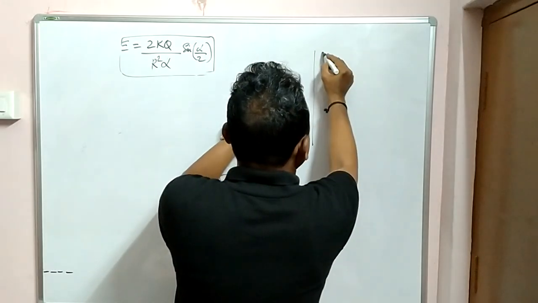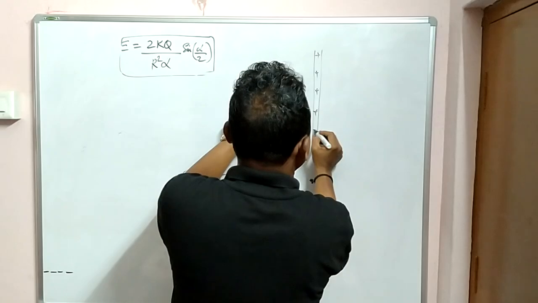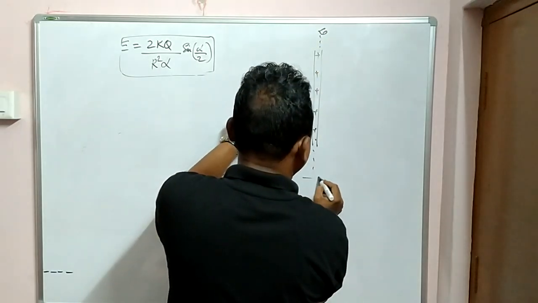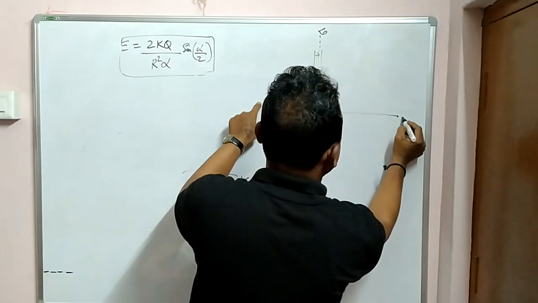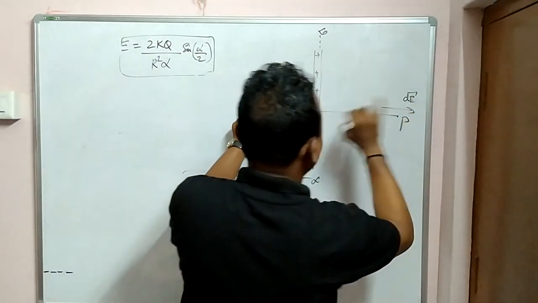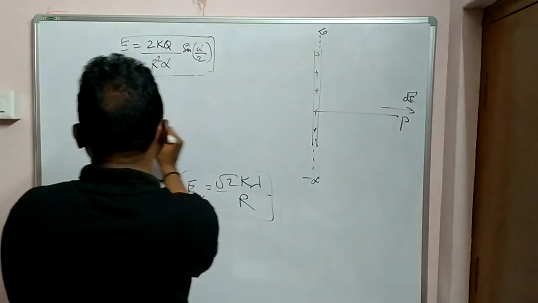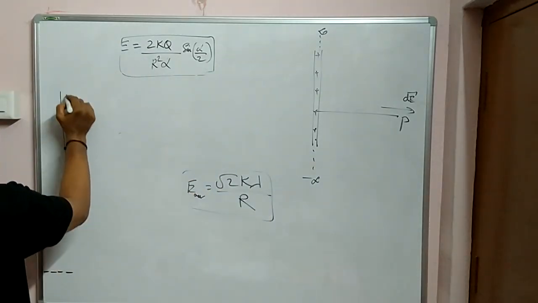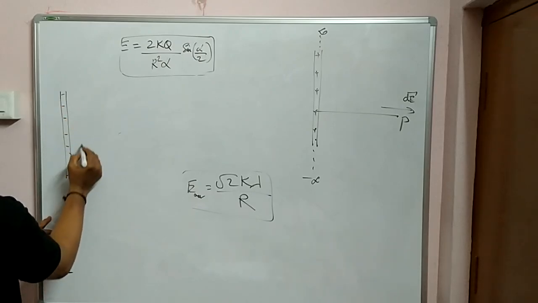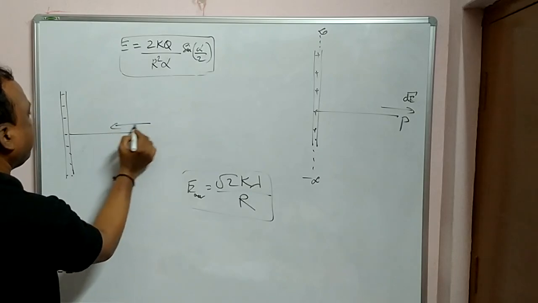Infinity charge, positive charge. The field is in this direction, away from the charge, and for a negative charge it is towards the charge. Suppose it is a negative charge and you take some point P, the field will be towards the charge.